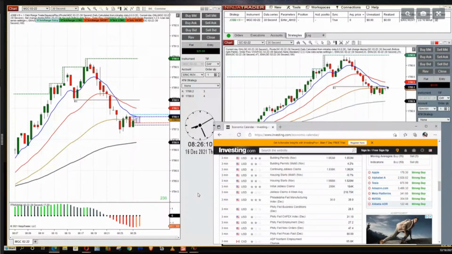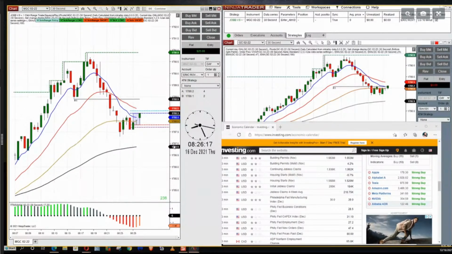Or what we want to see happen is for gold to pull down on the news and then give us a signal on the squeeze that it's going back up. Because there's a very large gold trend today.